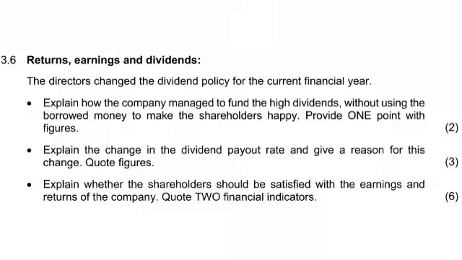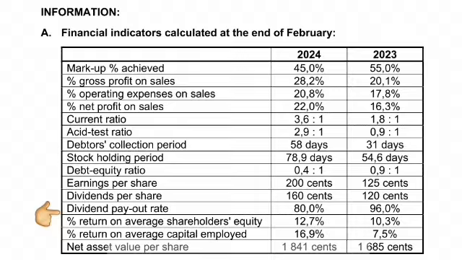Quote figures. Now they're not saying if we are happy or unhappy with it. We just want to state the difference and then give a reason why you think this change was made by the directors. So we are going to go back to our information and look at our dividend payout rate.